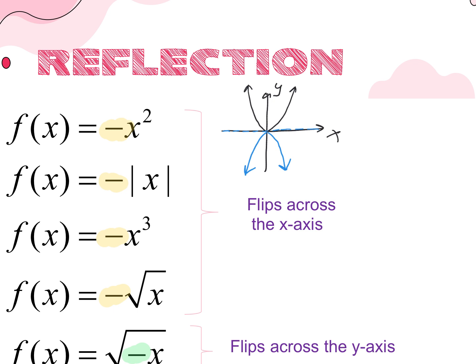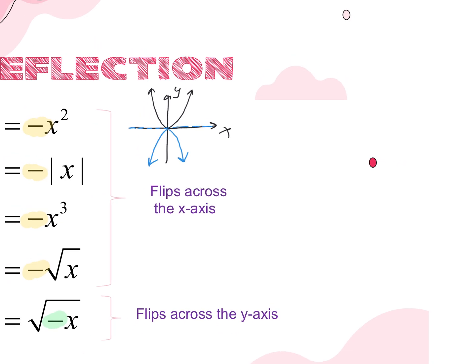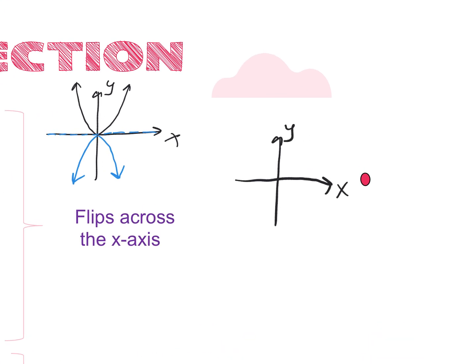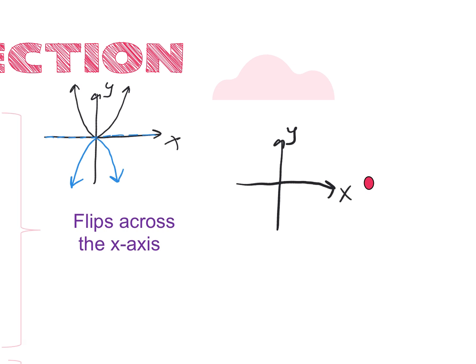And it's going to work the same way for all of these functions. So the absolute value, if you want to reflect that over the x-axis, it's going to look something like this. Again, a rough sketch. This is for negative absolute value of x.